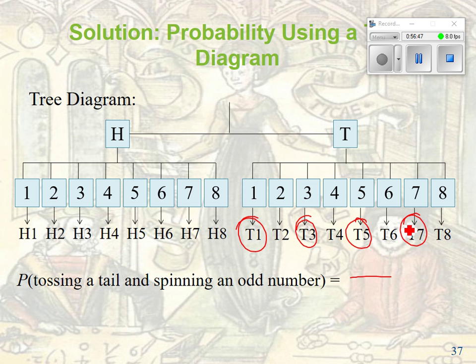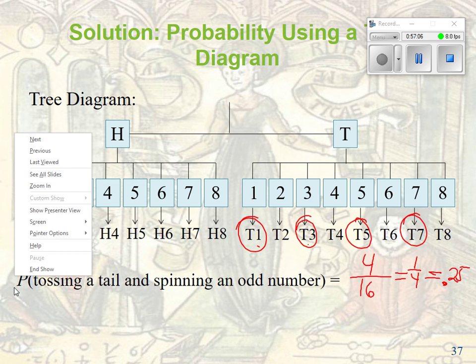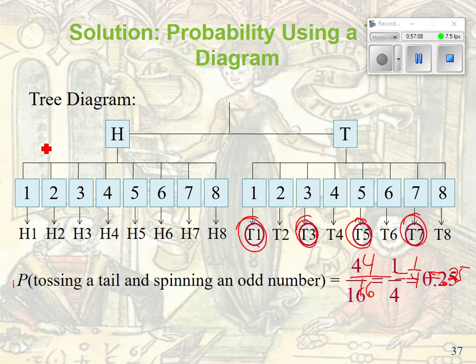How many favorable outcomes are there? 4. How many total outcomes in our sample space? 16. Reduce that down, and it's 1/4, which is 0.25, right? 25% of the time. That's what they did there.